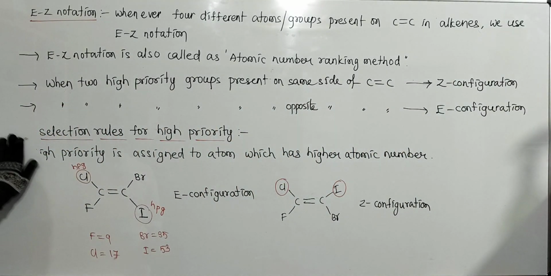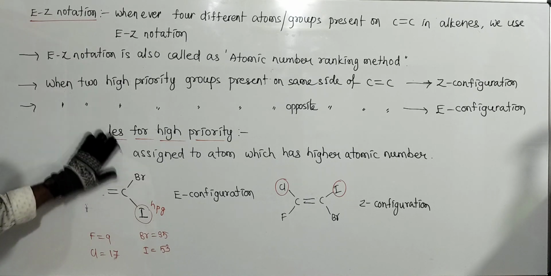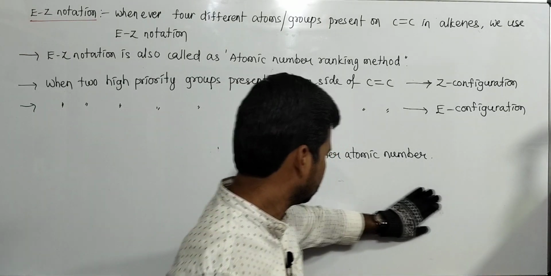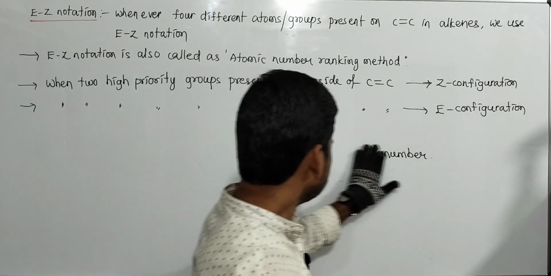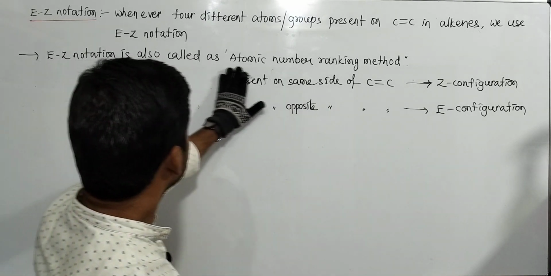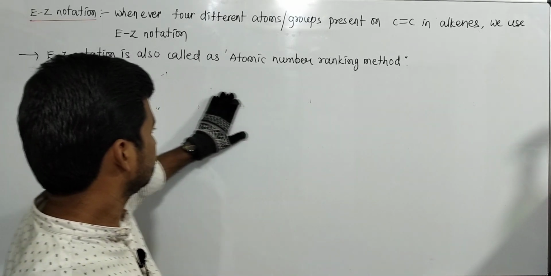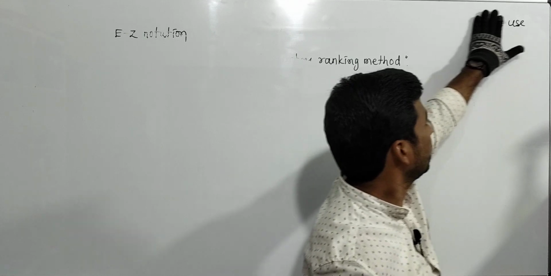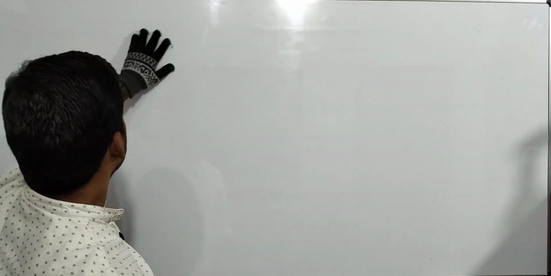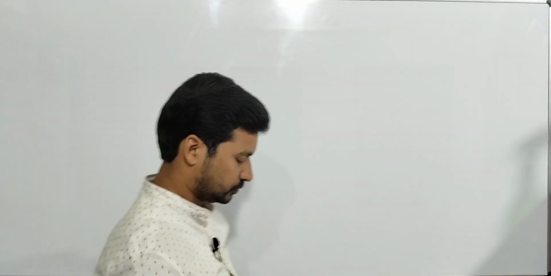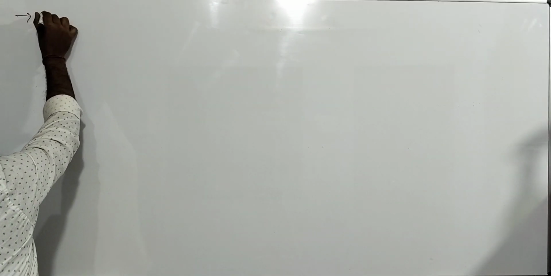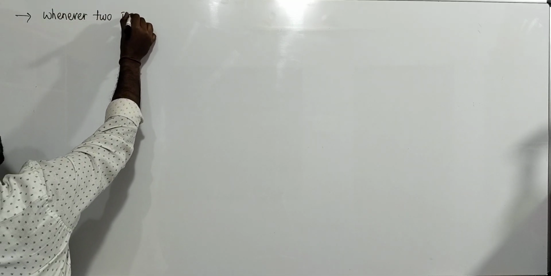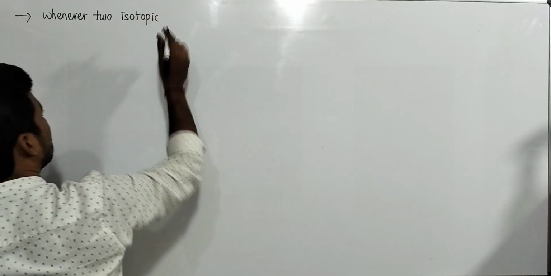Second selection rule: whenever two isotopes are present on one sp2 carbon, the double bonded carbon, because isotopes have the same atomic number.